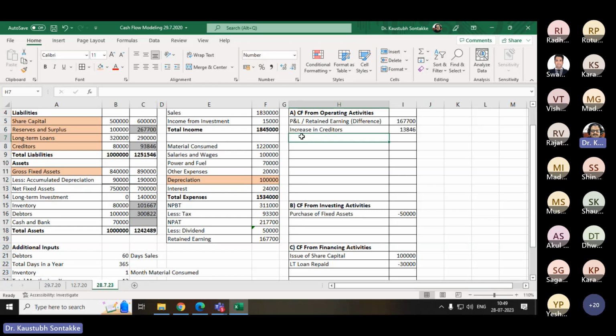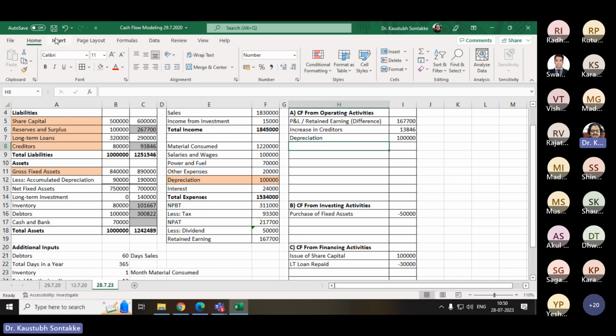So you come to operating activity and write depreciation. Instead of taking it from the balance sheet, you can connect it to the profit and loss account. The difference is the same, 1 lakh. We add it back in cash flow from operating activity because it is a non-cash expense.